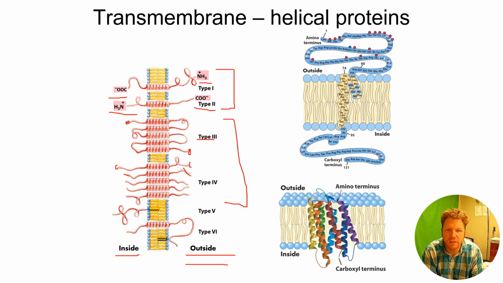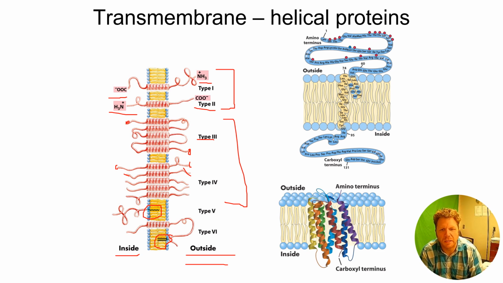Now type 5 and type 6, what makes these two different from one another is that a type 6 has an alpha helix, but it also has, I'm circling it down here, a lipid linkage. Type 5 is a protein that only has a lipid linkage.